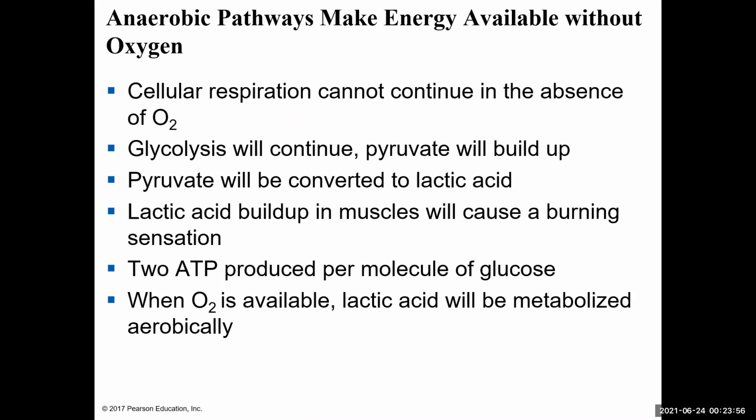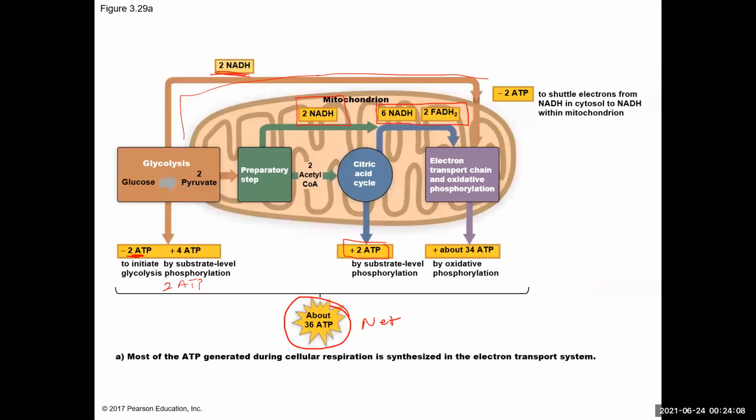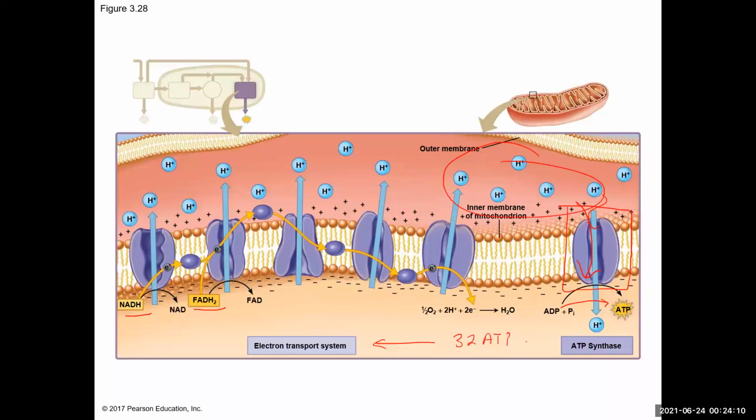And so just one other thing I want you to be familiar with is that cellular respiration is an oxygen-based pathway. It needs oxygen to happen. And again, that's because that last electron receptor here is oxygen, right? And so that makes water.